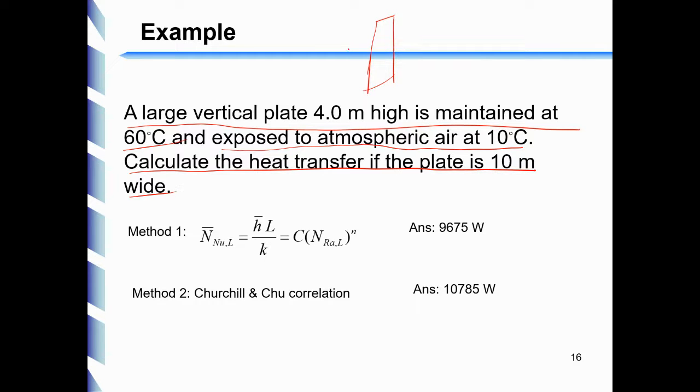So vertical plate, 4 meter, Ts is 60 degrees centigrade, width is 10 meter, T infinity 10 degrees centigrade.